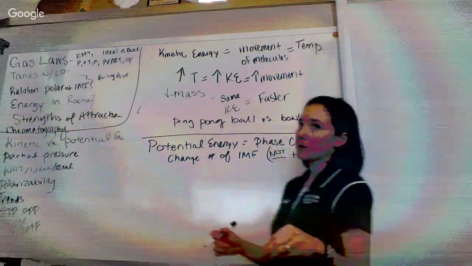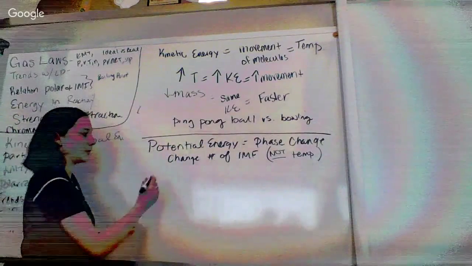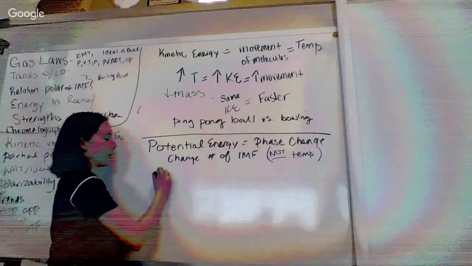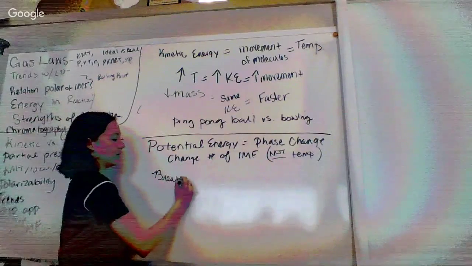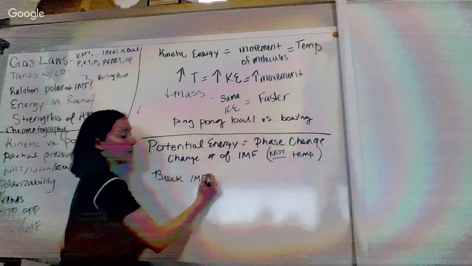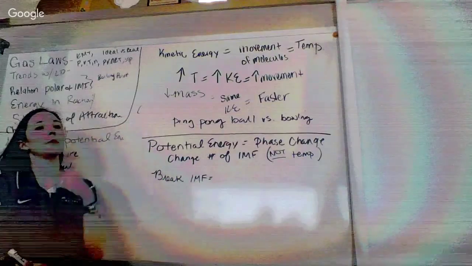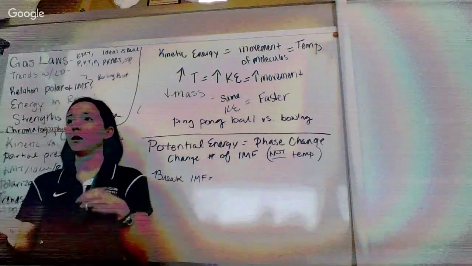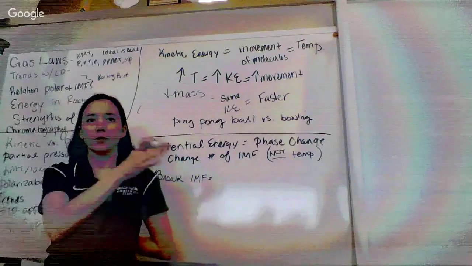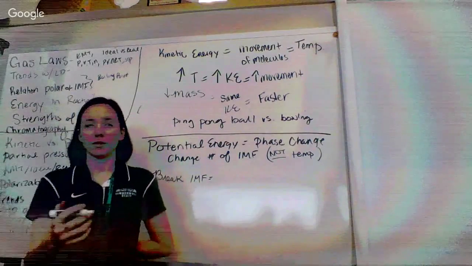So the next thing to think about, and that gets confusing for people sometimes, is when you're going to break intermolecular forces, which remember is going to be the same if they happen to be bonds. Remember the goal behind originally forming bonds in normal situations.